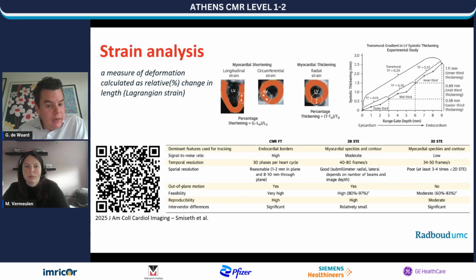The reproducibility is high, but it's important to take into account that there are intervendor differences. That is an important factor. Again, for clinical practice, we typically use the endocardial global longitudinal strain. Next slide.